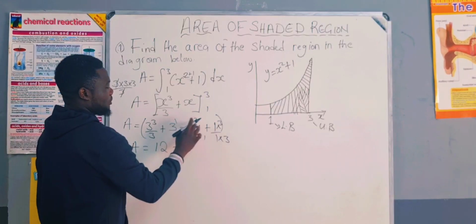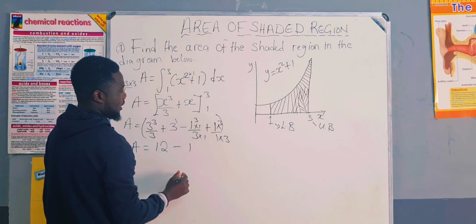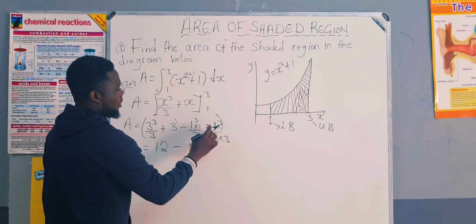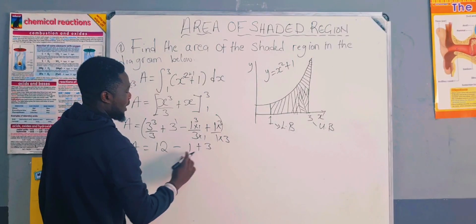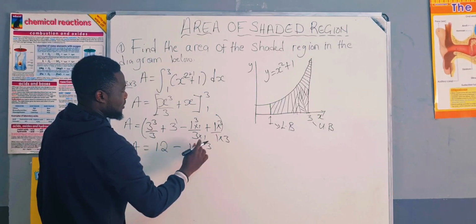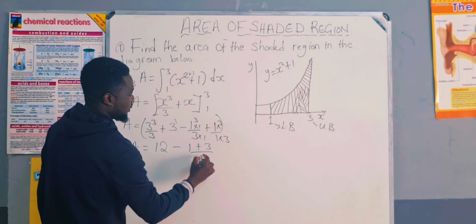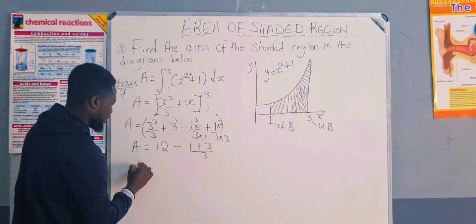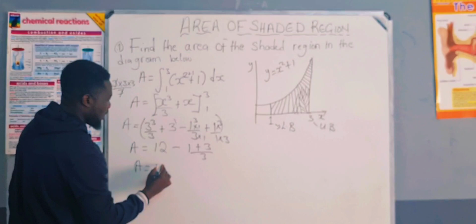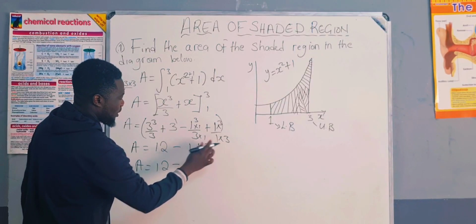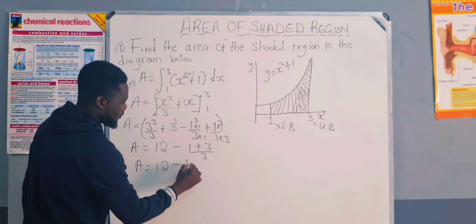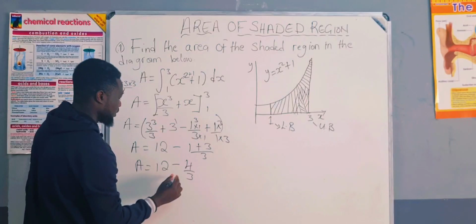So 1 times 1 is 1, and then plus 1 times 3 is 3. Now I have the same denominators, which is 3. So area is equal to 12 minus, 1 plus 3, sorry, it is just 4 over 3.